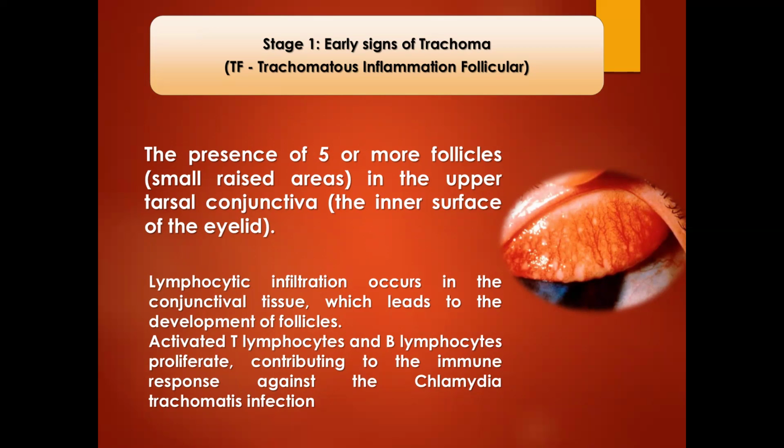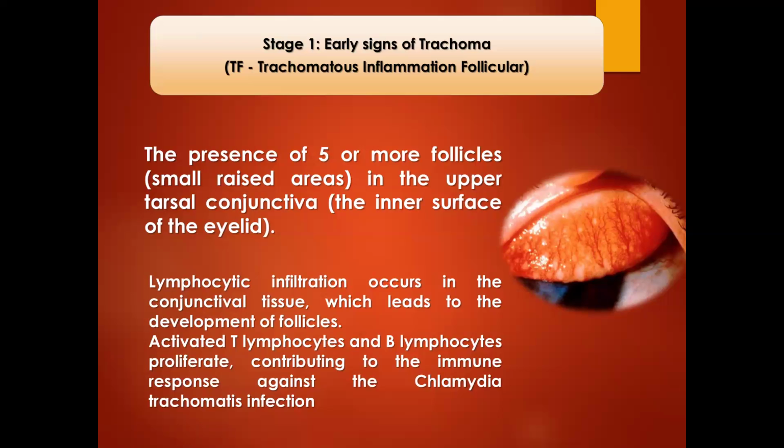So look at the trachomatous inflammation follicular. These follicles here you are seeing will begin to create irritation. The person will begin to feel a gritty sensation in the eyes. And what actually leads to this is inflammation caused by lymphocytes migrating to the conjunctival tissue.